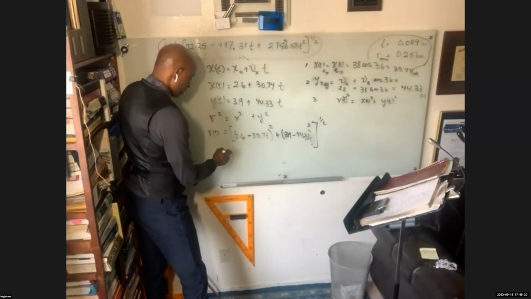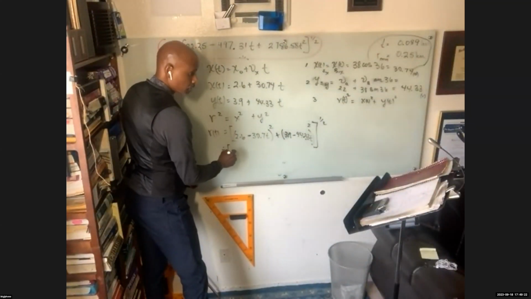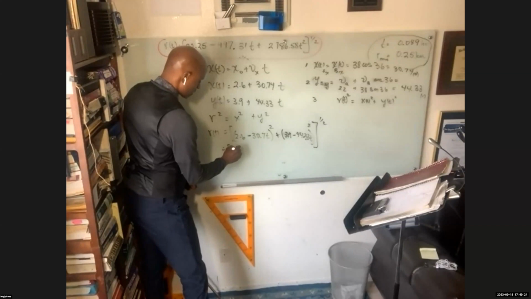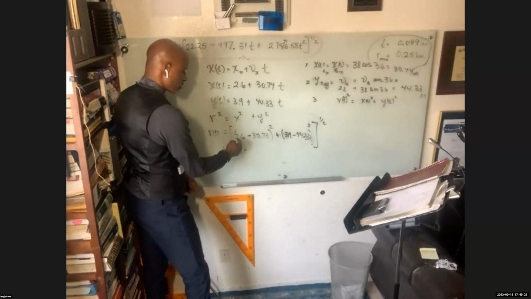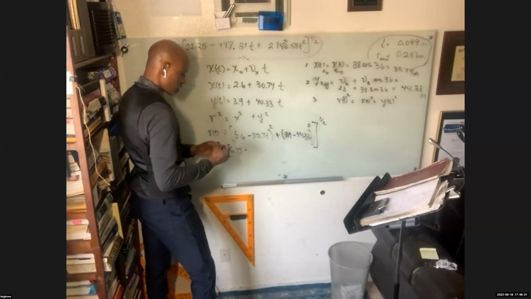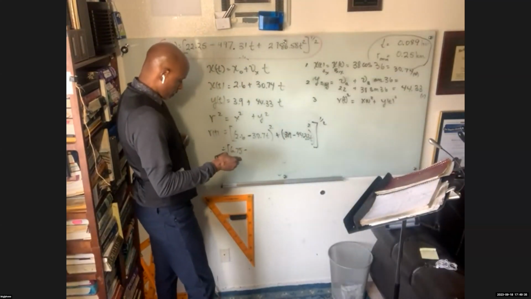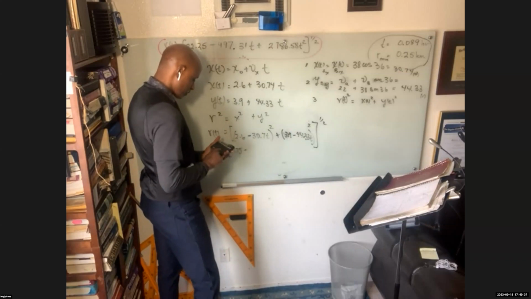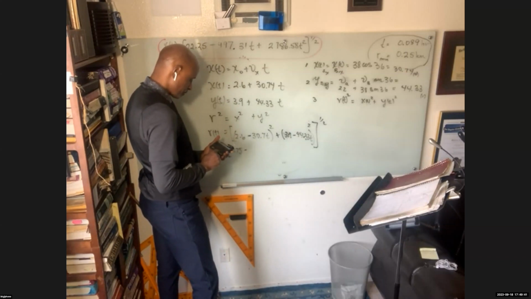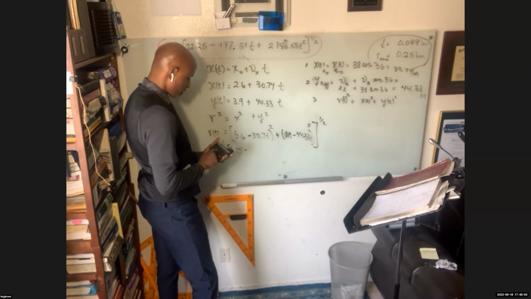So this would be equals 6.75 minus the cross term is 2 times each one of these, and it's minus. So 2 times... I should not round off.